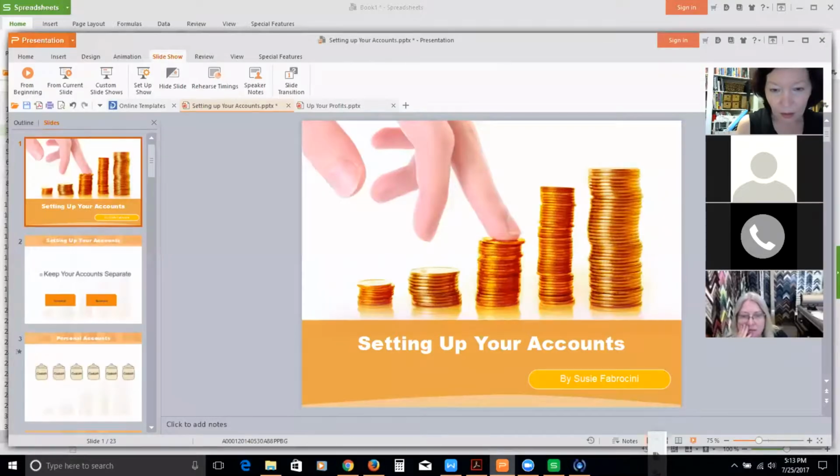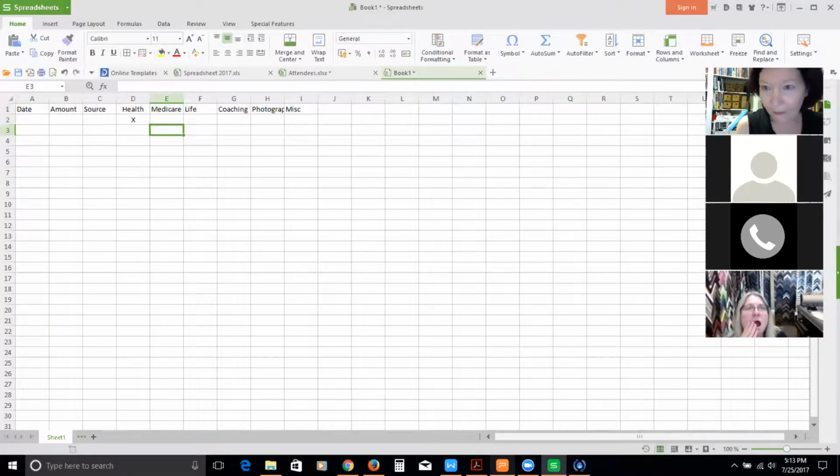I had one other question I remembered, about your debt payments that you make. Those don't go on either one of these? Yeah, they do. They'll go on your expense chart. Then under the vendor, I think it was under vendor, you put down the name of the credit card company.